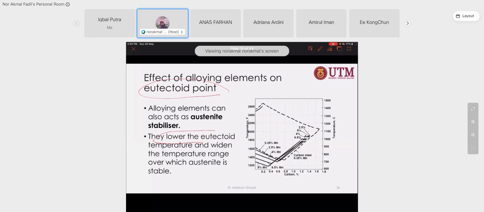The lowest eutectic temperature is when you add 9% manganese, and this one shows 6.5% manganese.